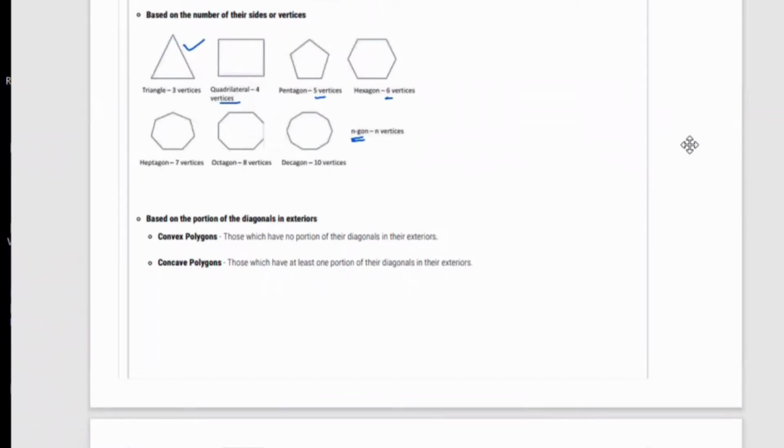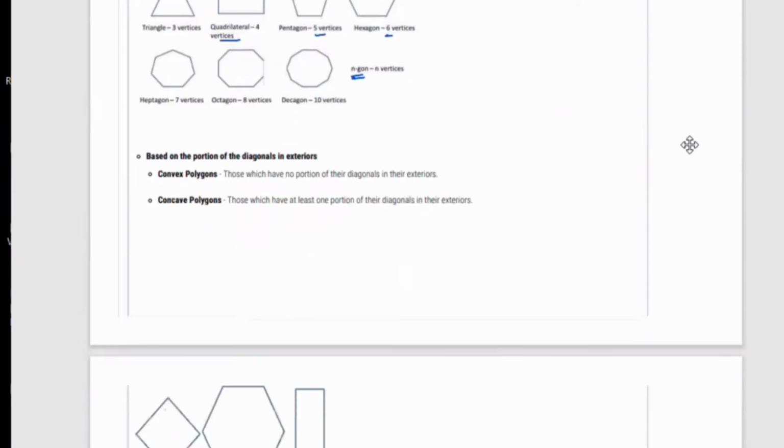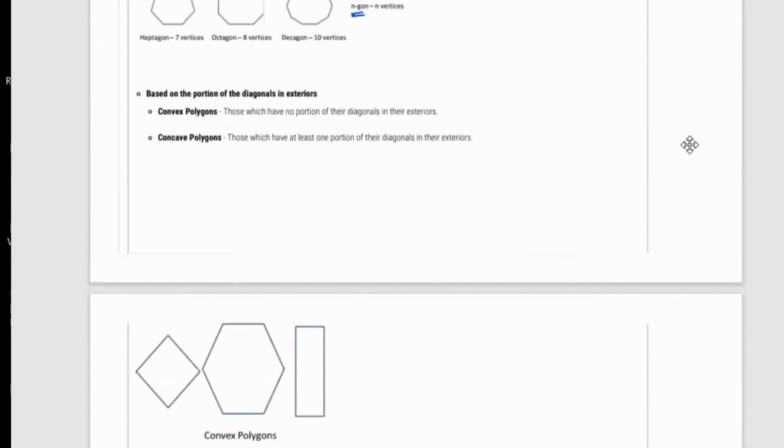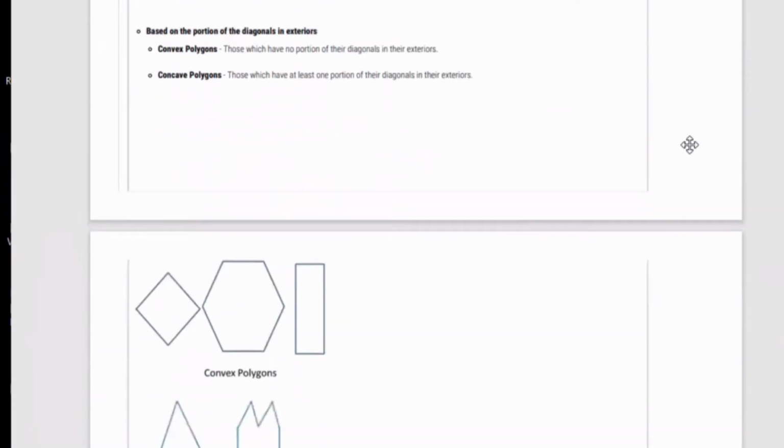Next type is based on the position of the diagonals, whether exterior or interior. If exterior, what is the name? And if interior, what is the name? Convex polygons are those which have no portion of their diagonals in their exterior, meaning all diagonals must be interior. See, this is a quadrilateral.